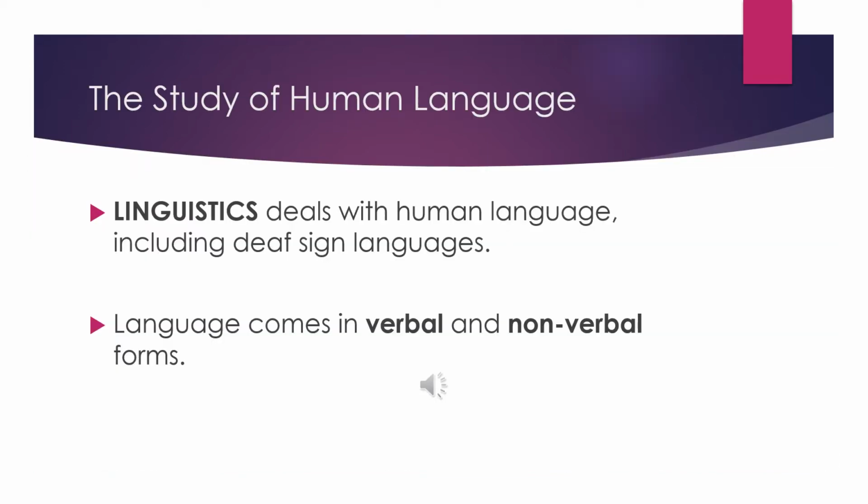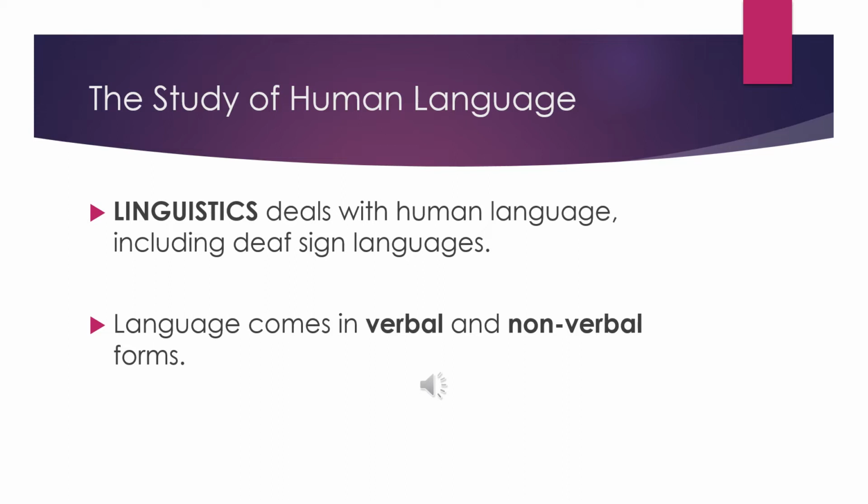Here, the study of human language is all about linguistics because when we say linguistics, it deals with human language and that includes deaf sign languages. And of course, language comes in verbal and non-verbal forms.